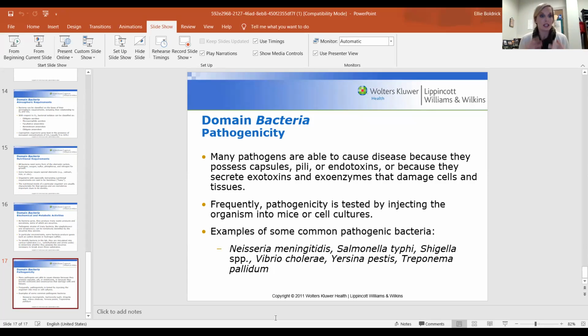And that's based on its shape, its need for oxygen, its need for different nutrients, its ability to cause infection, its ability to move if it has flagella. So all these different organisms can be classified, and that's going to help us to identify what bacteria we're taking a look at. So that's what I wanted you guys to see here in bacteria.